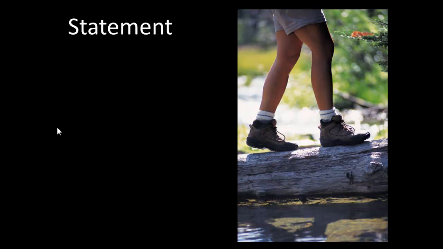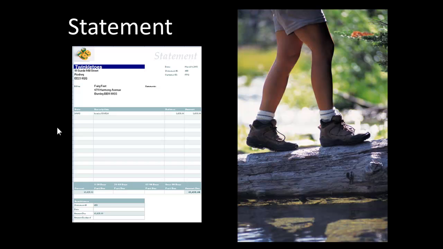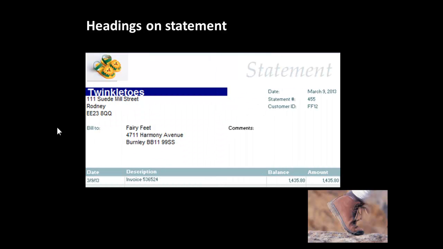Okay, what happens at the end of the month then? Well, at the end of the month, Twinkletoes will send a statement to Fairy Feet. So that's the next document we're interested in. The headings on the statement: who it's from, who it's to, what the date is, and what are the details. And in this case, the only thing on the statement is the unpaid invoice that they had.